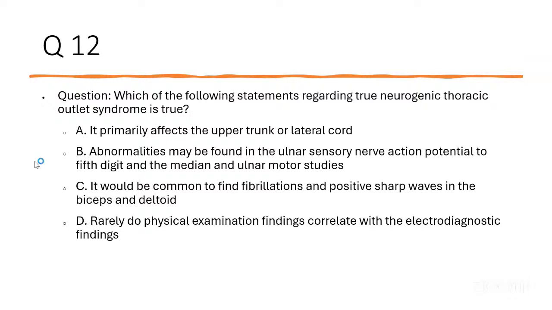B. So abnormalities are usually C8-T1 and medial cord, lower trunk, medial cord, and ulnar nerve. All these will have the same findings. Ulnar sensory nerve action potential, fifth digit, median and ulnar motor studies, you will have abnormalities.